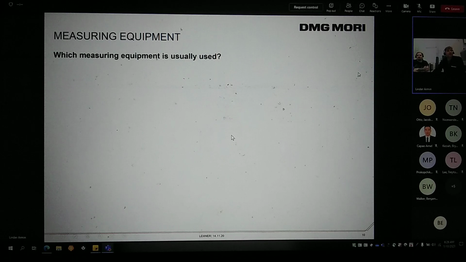Okay, which measurement equipment is usually used? T-angle, T-bracket. So T-angle, T-bracket, that was the one that I showed you here in the front.